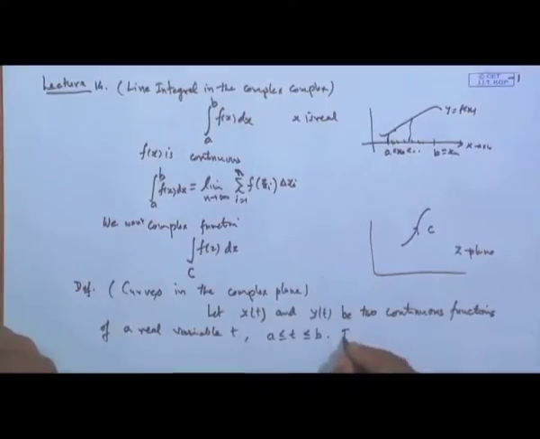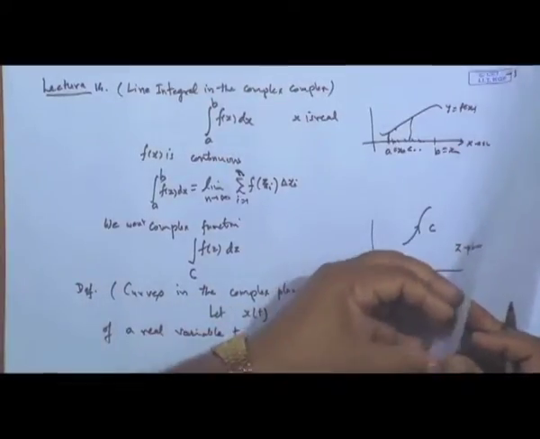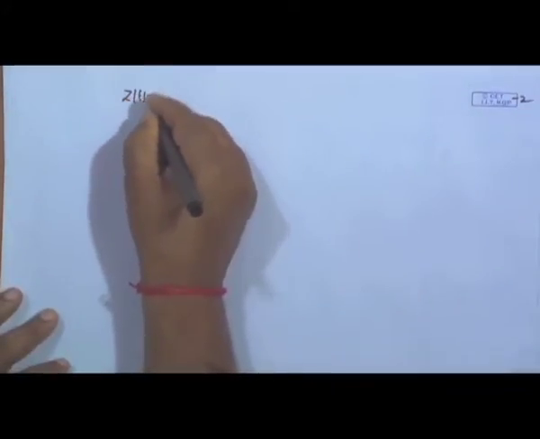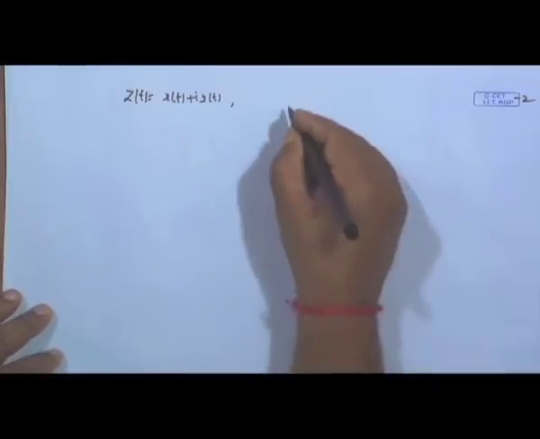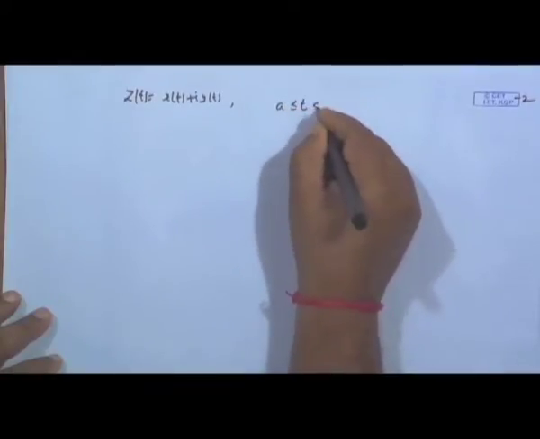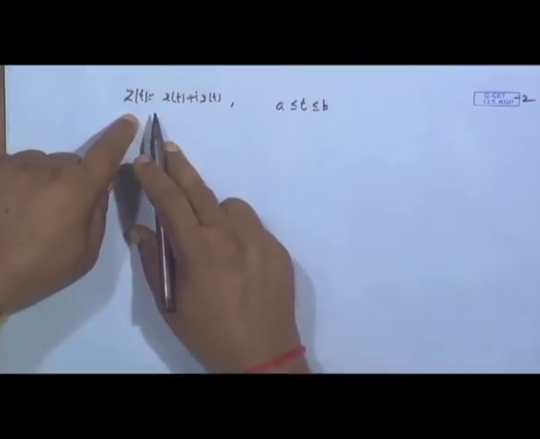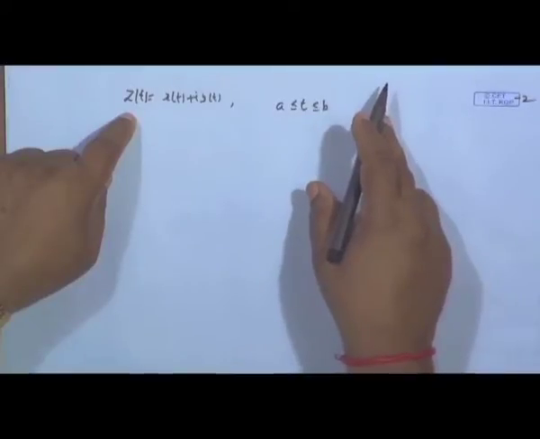If z(t) equals x(t) plus i times y(t), where t varies over the interval a to b, then this point z(t) will represent a point on the curve and will trace a curve.